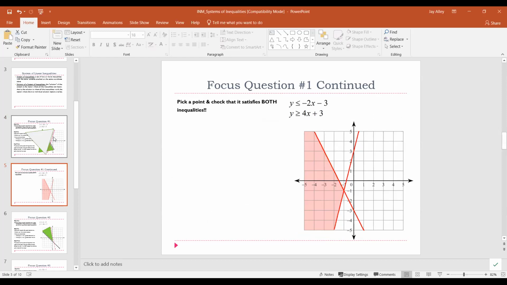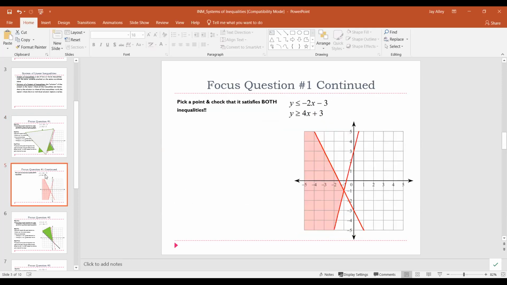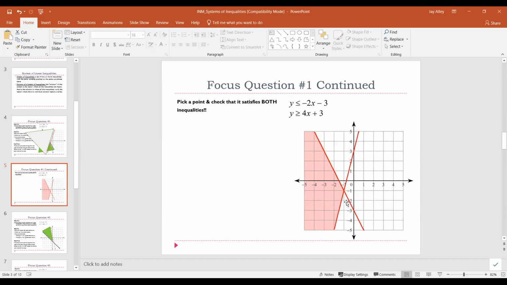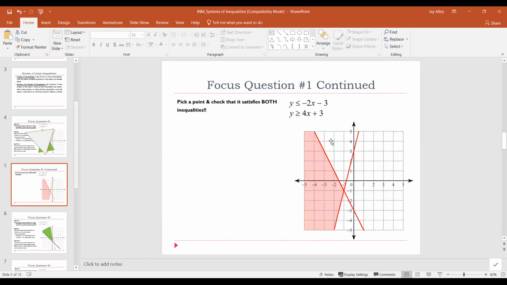On mine, it's easy to see this green area down here by itself is not part of the solution. Right, that's what I'm saying. The green here all by itself matches this clear area right here. The gray area here all by itself matches the clear area here. Remember, we're talking about overlap. It's got to have both colors to be the solution area.